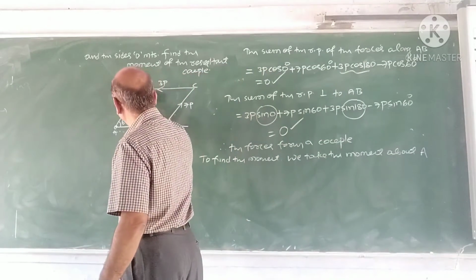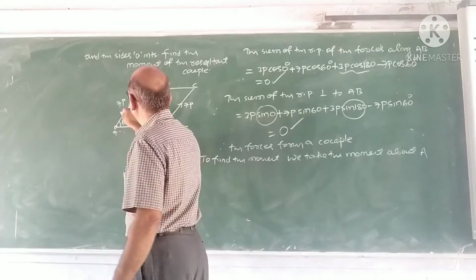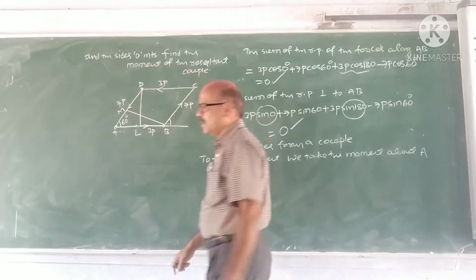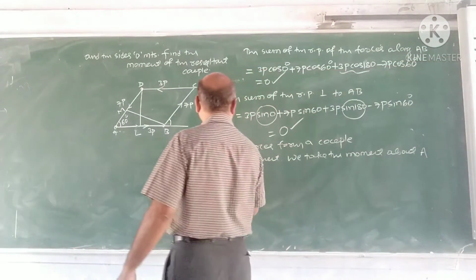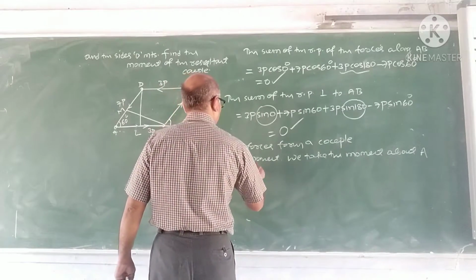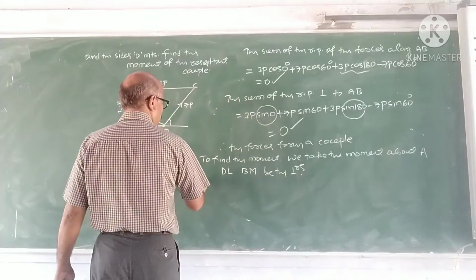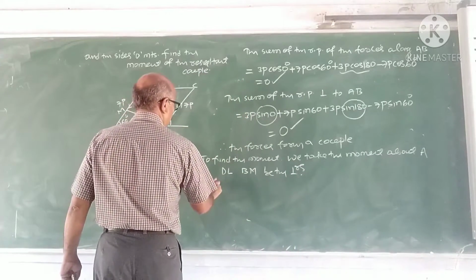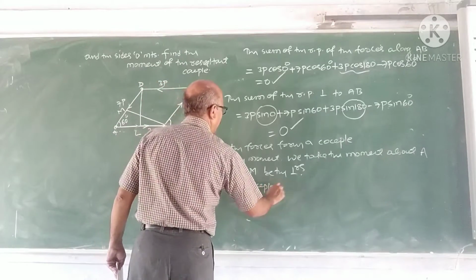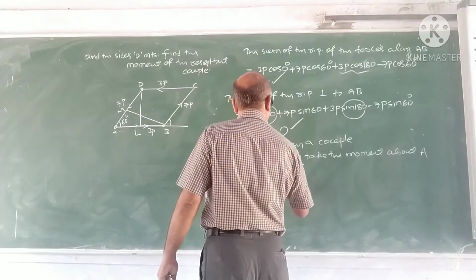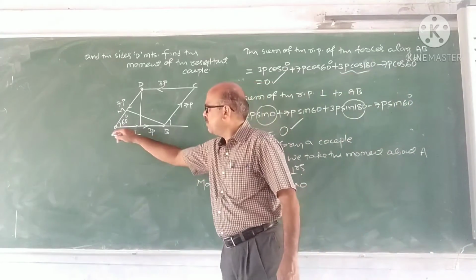For that, we draw the perpendiculars like this. DL and BM be the perpendiculars. Moment of the couple is 3P into 0. Why is the moment of this 3P about A 0?